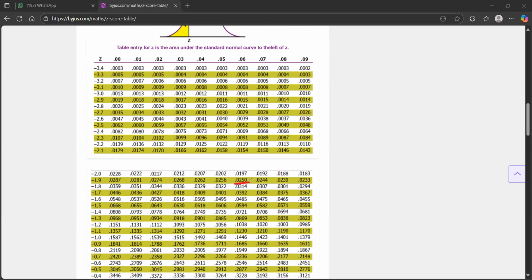And it is exactly 0.25, right? So it will be negative 1.96. Yeah, that's it.